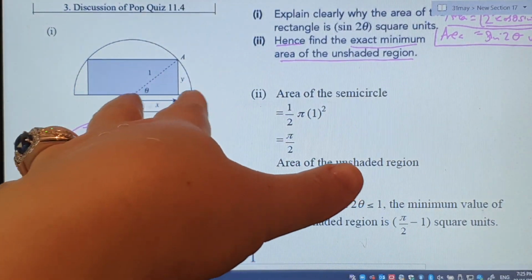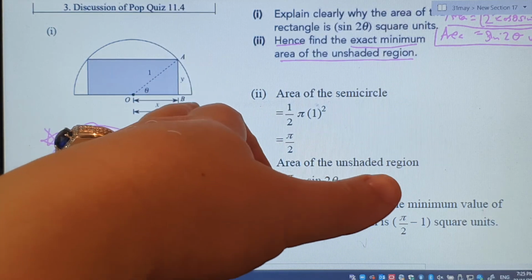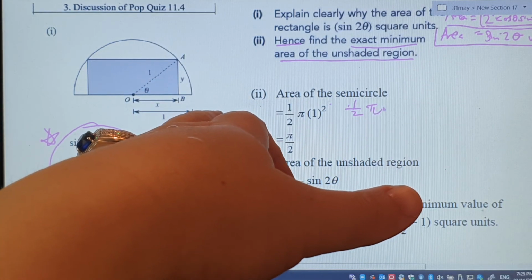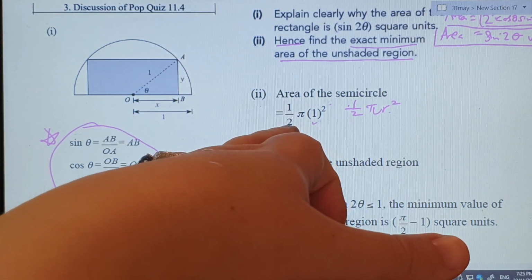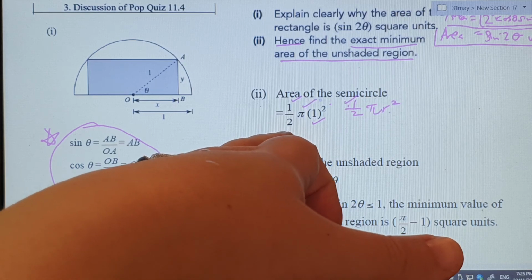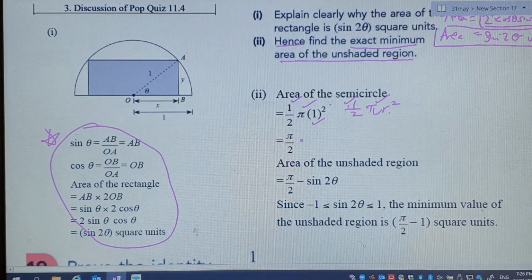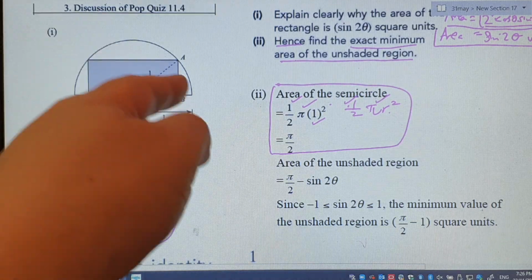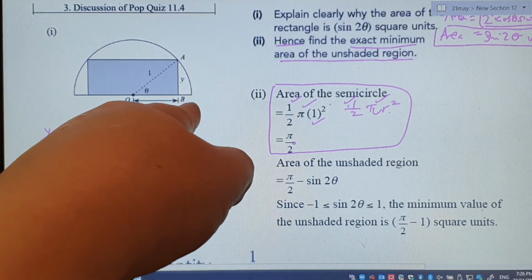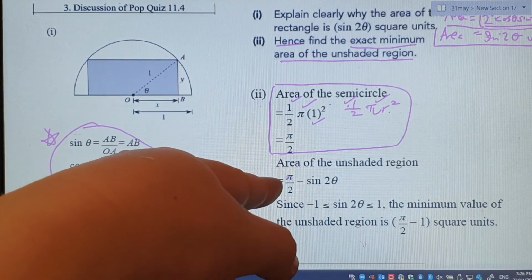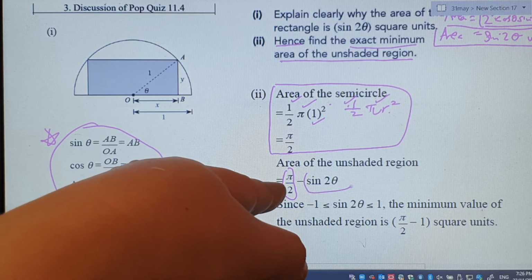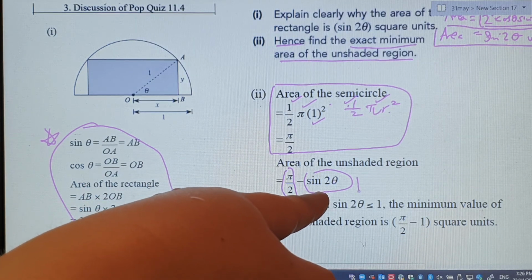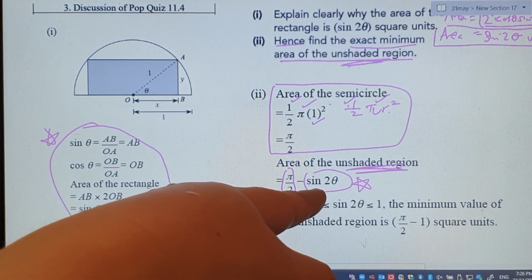Don't you agree that the area of this semicircle is half pi r square? Because the r is 1, you sub 1 here, that is your half, this is your pi, and this is your 1 square. You will get pi over 2. That means the area of this semicircle is pi over 2. Now, if I want to find the unshaded part, don't you agree it is the semicircle minus away the rectangle? So this is the area of the unshaded region that they're talking about here.